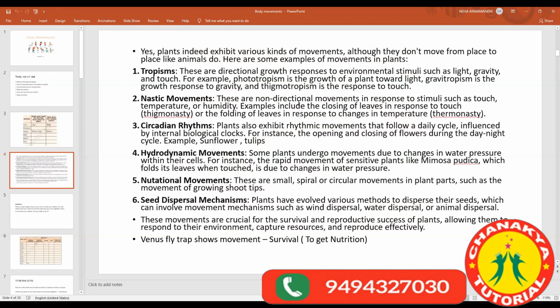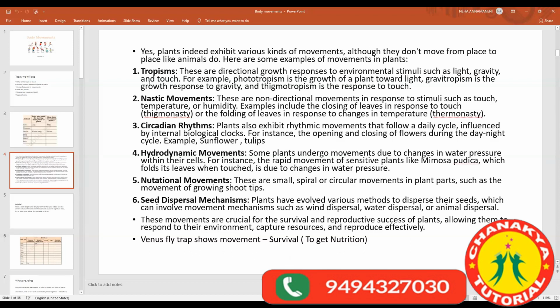Mm, no, I don't know. There are some internal movements in plants. Although they don't move from place to place like animals, they do have some movement inside them, and some outer movements too. So we are going to see some of the movements of plants in this slide. Okay.